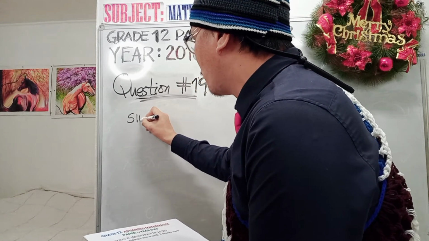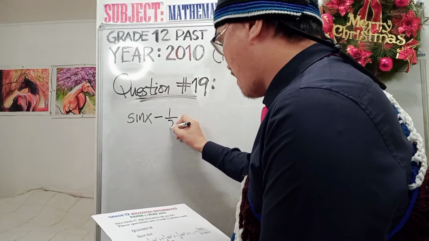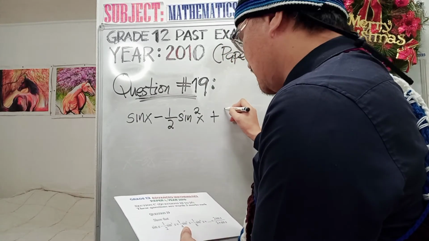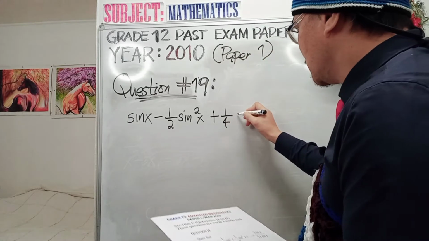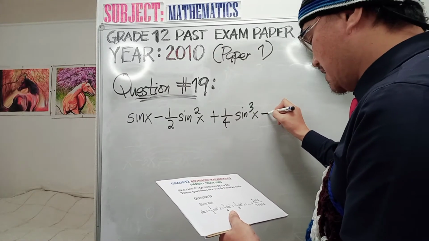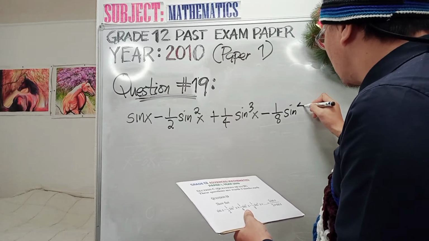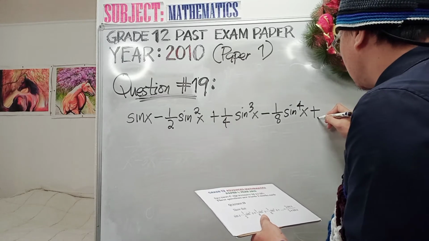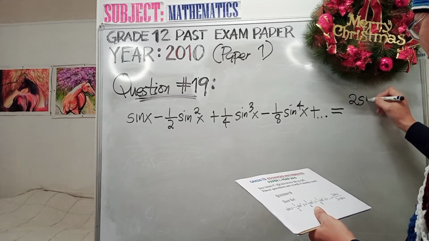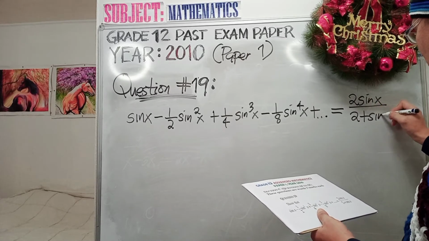In your rough paper, you have sine x, and then minus 1/2 sine square x plus 1/4 sine cube x, and then minus 1/8 sine to the fourth x plus dot dot dot equals 2 sine x divided by 2 plus sine x.